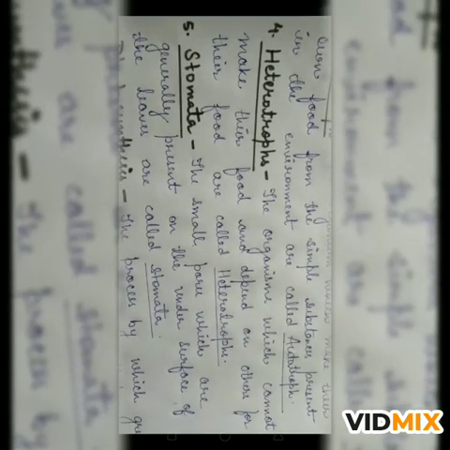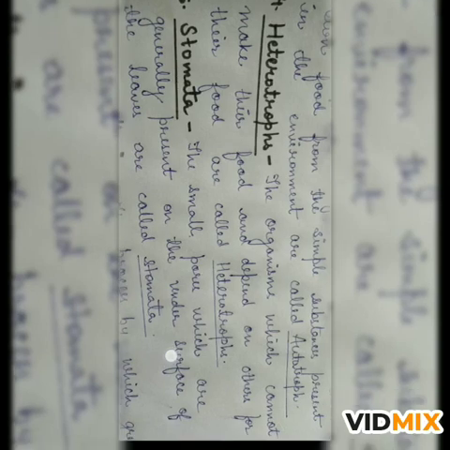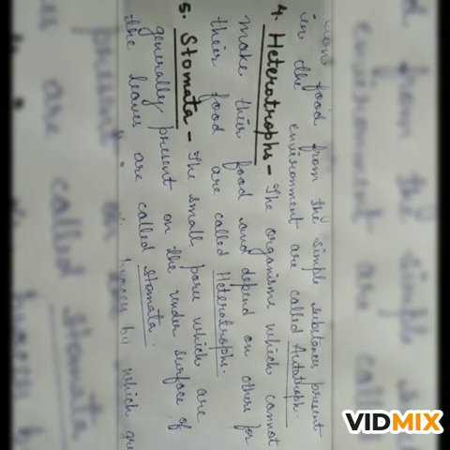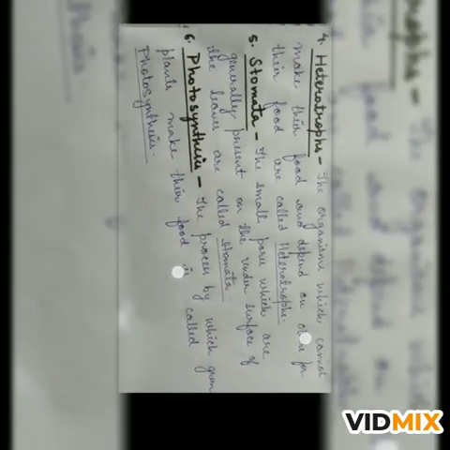Children, heterotrophs are the opposite of autotrophs. Heterotrophs means the organisms which cannot make their food and depend on others for their food are called heterotrophs. So children, examples are animals and human beings, they all are dependent on others for their food. That's why they are what? Heterotrophs.